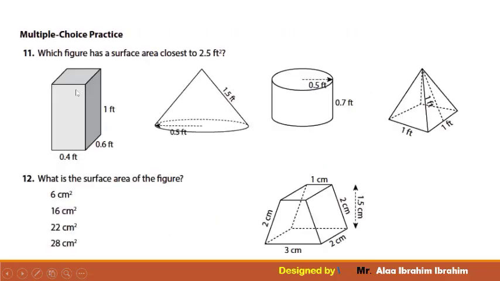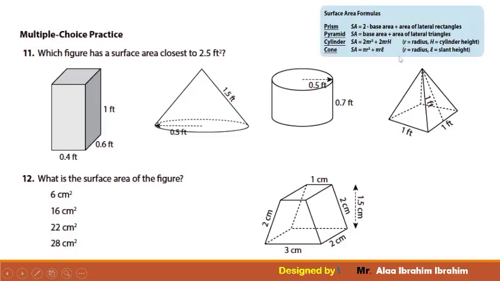Now use these choices to figure out which one has this area or close to this area. You have to find the area for each one and put all your areas in front of you. If you find all your areas, you find this one is close to 2.5 by approximating. Here, what is the surface area?